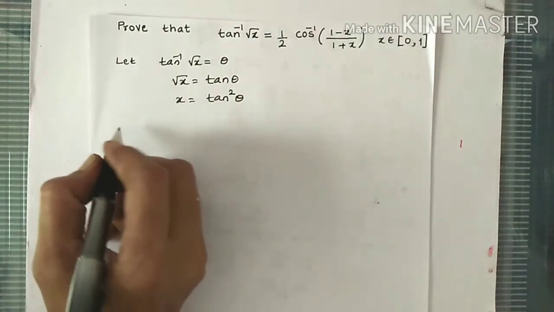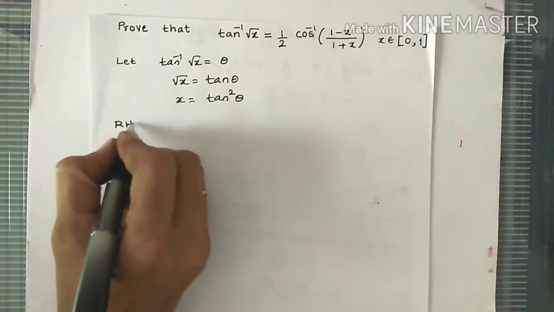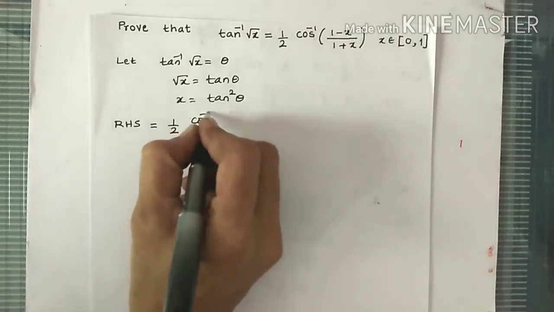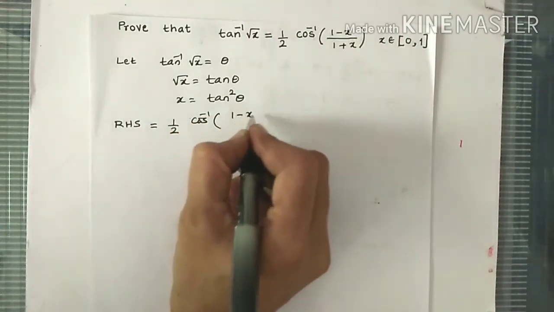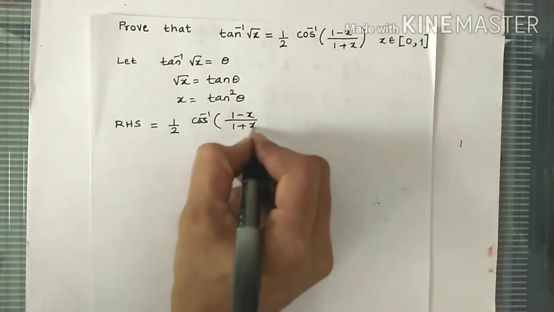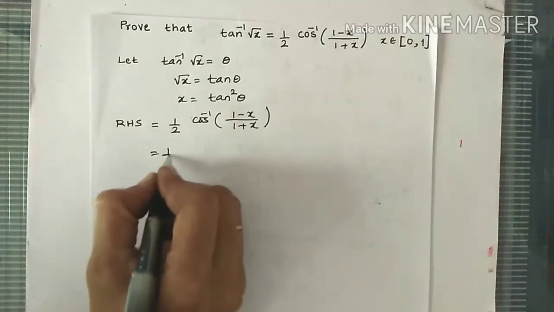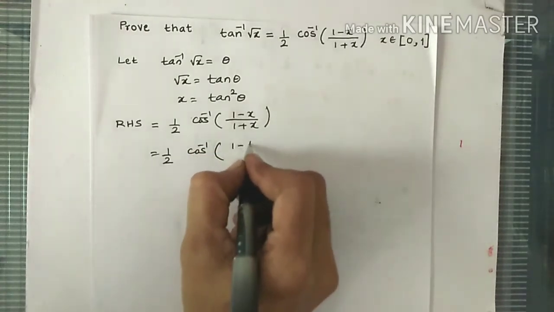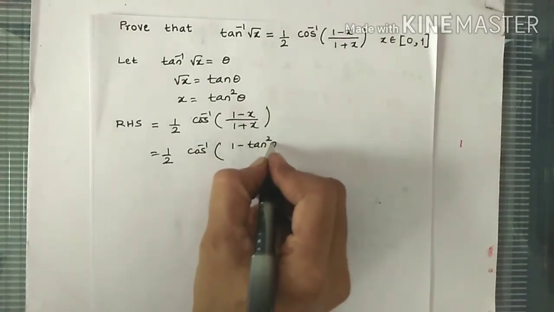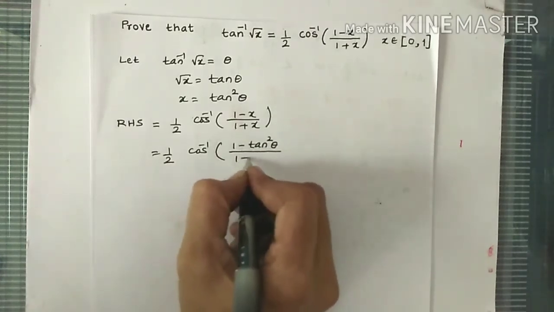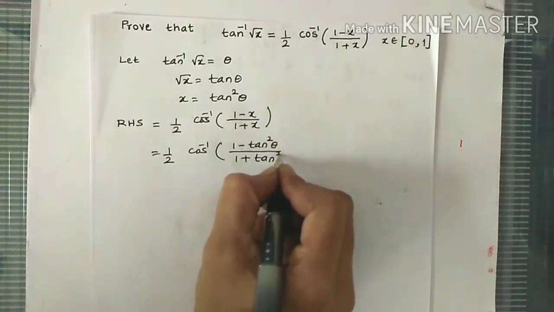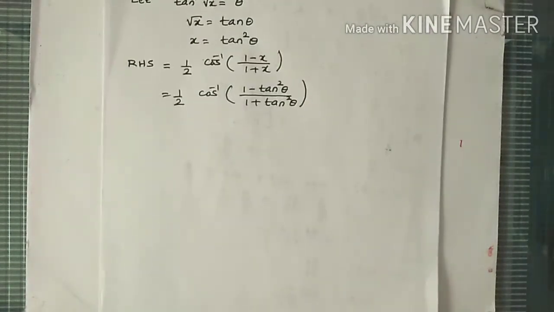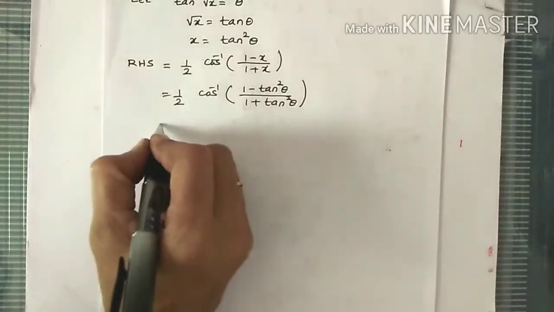Now let's start with the right hand side. So the right hand side is 1 by 2 cos inverse of 1 minus x upon 1 plus x. So 1 by 2 cos inverse of 1 minus tan square theta upon 1 plus tan square theta. But 1 minus tan square theta upon 1 plus tan square theta is the formula for cos of 2 theta.